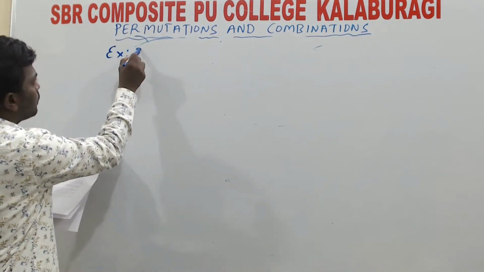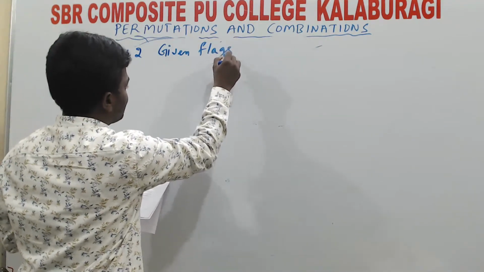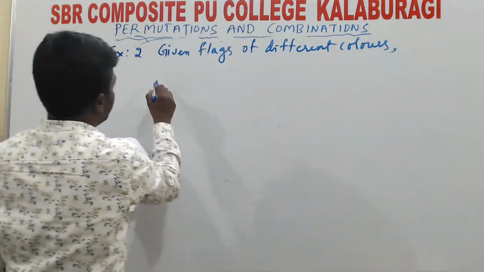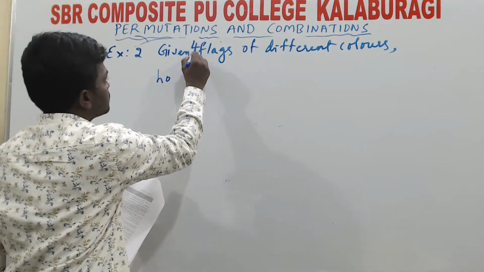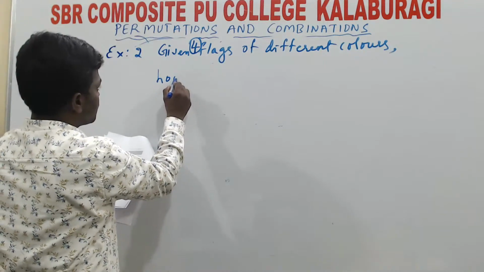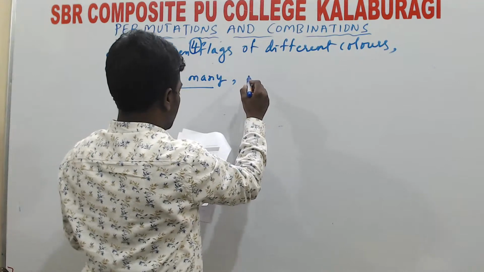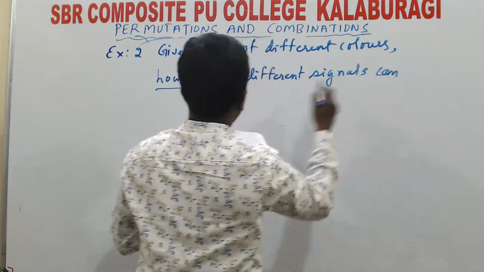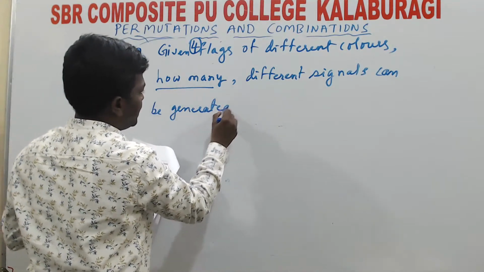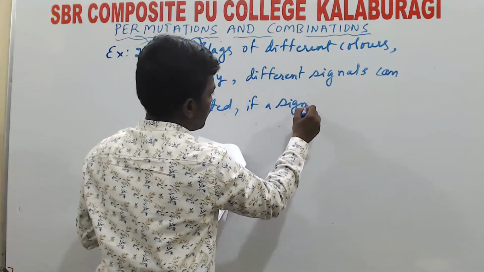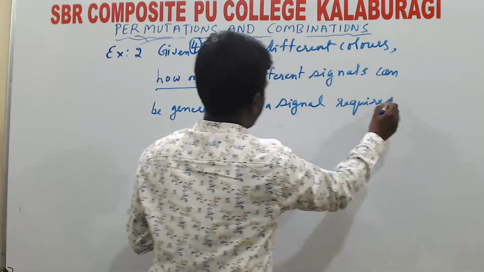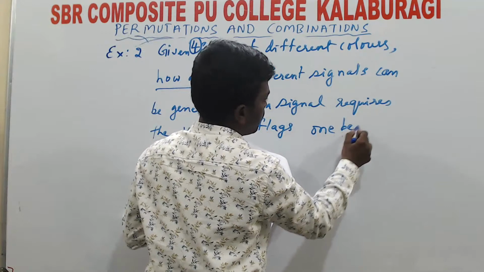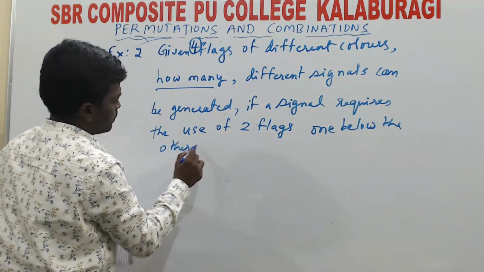Example 2. Given 4 flags of different colors, how many different signals can be generated if a signal requires the use of two flags, one below the other?